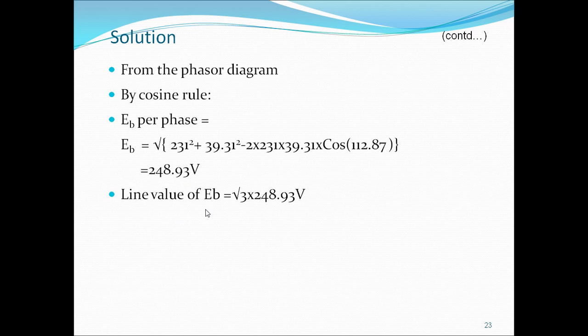So line value is equal to root 3 into EB, that is root 3 into 248.93.